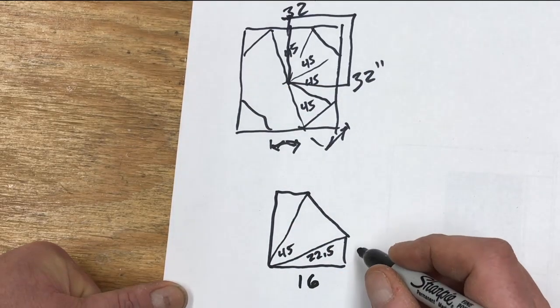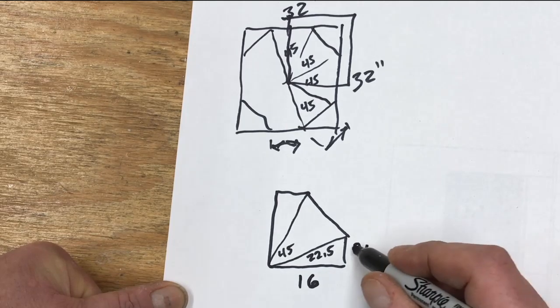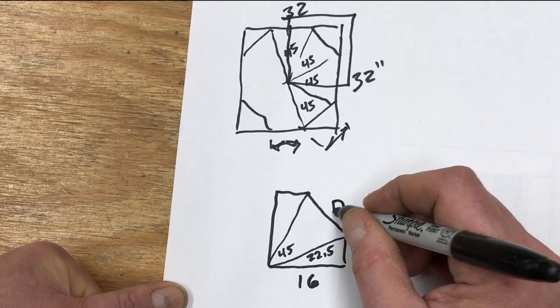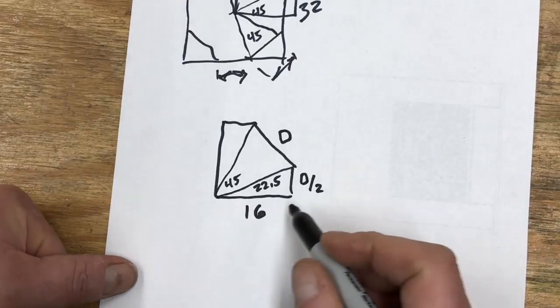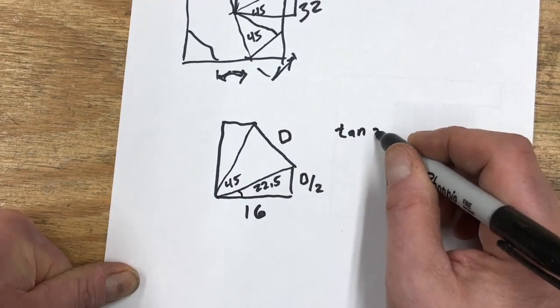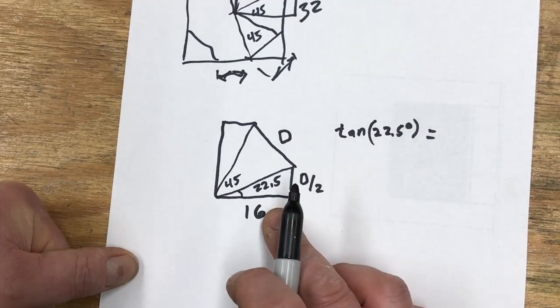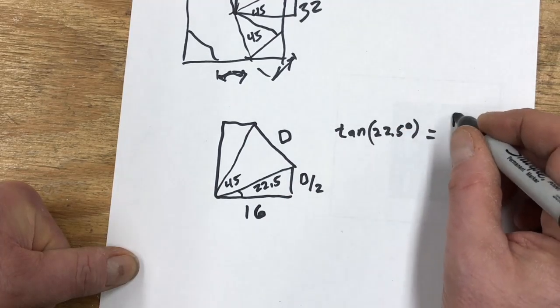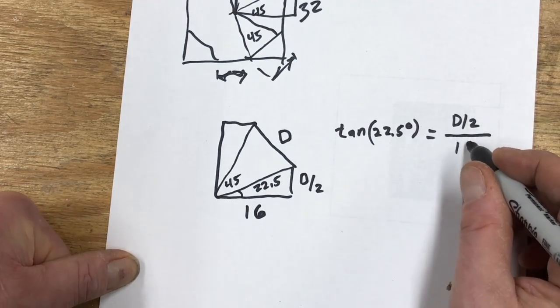And if we can figure out this dimension here, I'm going to call it d over 2, because d over 2 is referencing that dimension there, d, and that's the dimension that we care about. So again, referencing your trigonometry, if we look at this angle, the tangent of 22.5 degrees equals opposite over adjacent, and the opposite is d over 2 as we defined, and the adjacent we know is 16.